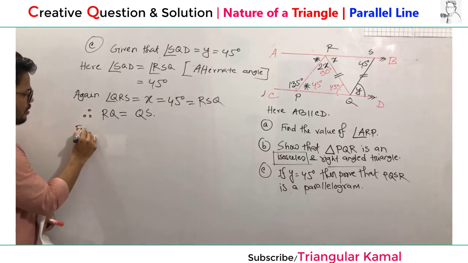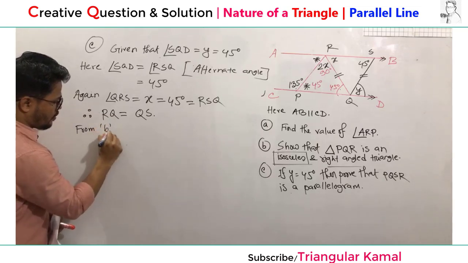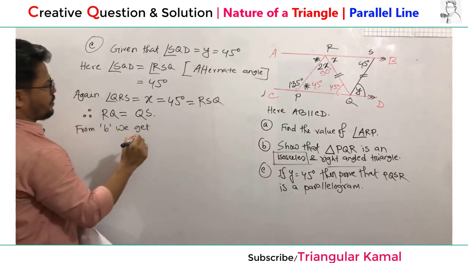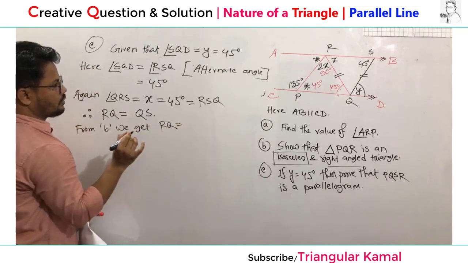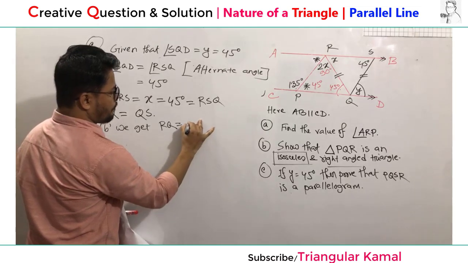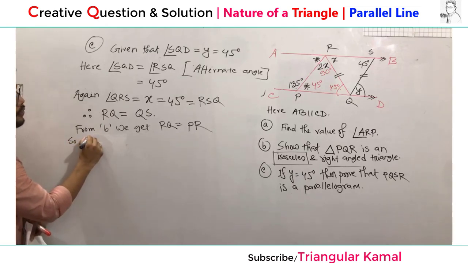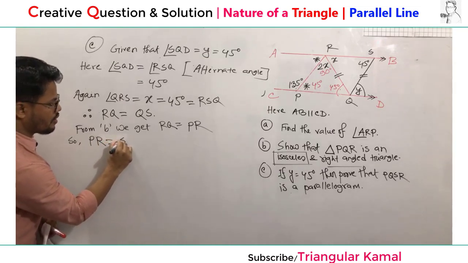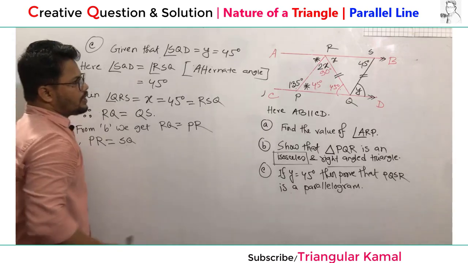From B we get RQ equals PR. So PR equals SQ. So these two sides are equal.